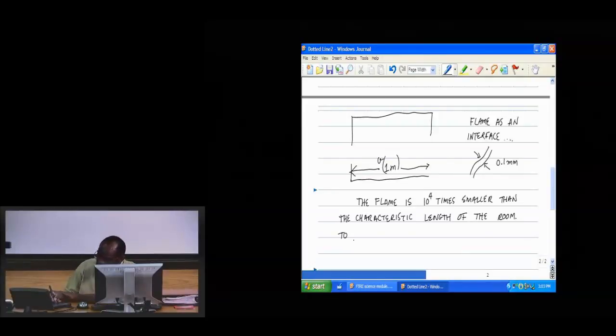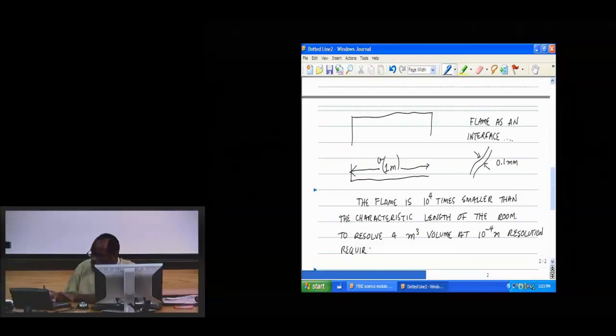So to resolve this meter cube volume at 10 to the minus 4 meter resolution requires 10 to the 12 volume elements.